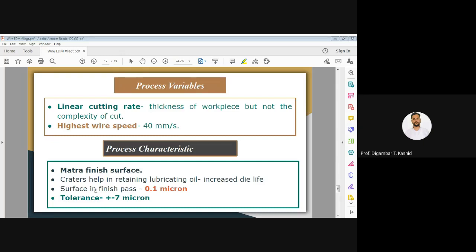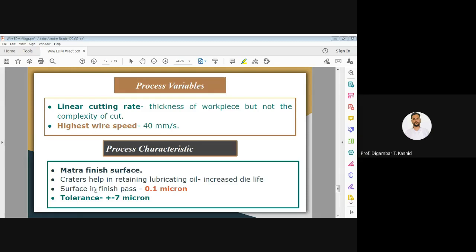Process characteristics: you can see the matte finish surface. I was talking about the process characteristics.